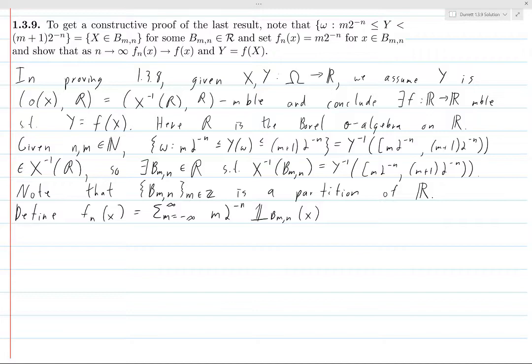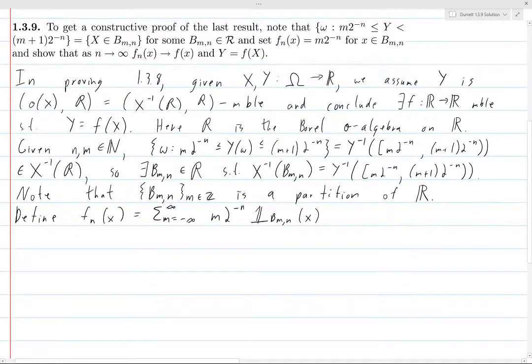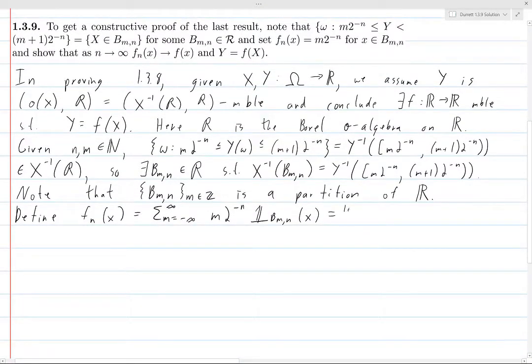All right. And what you can see here is this is simply the limit as k goes to infinity of the sum from m equals minus k to k of m 2 to the minus n times the indicator of the set B_mn of x.